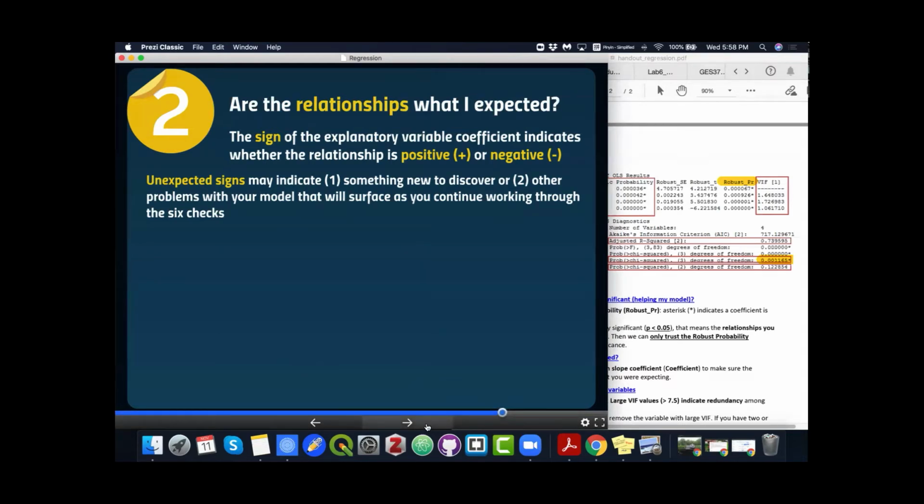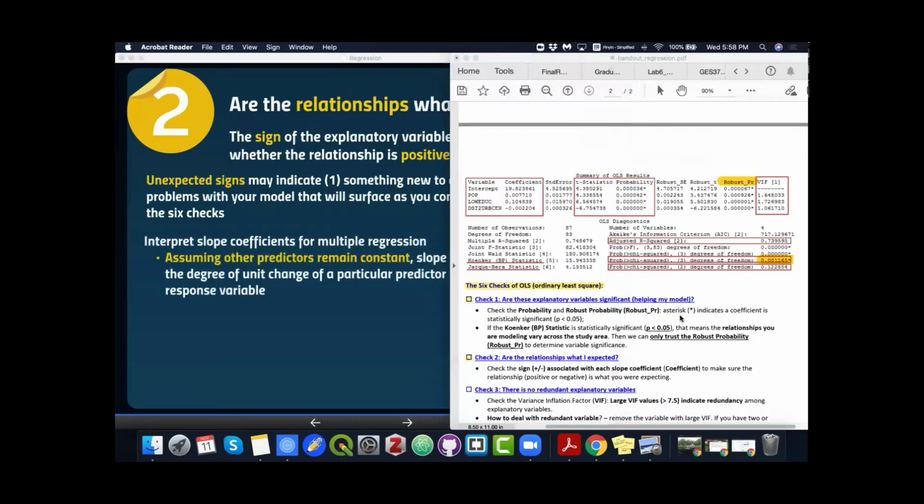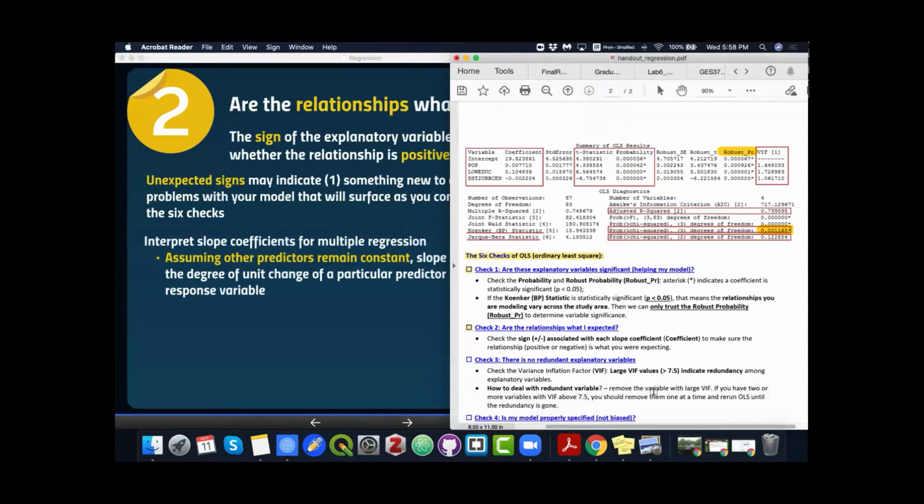It could be that there are some other factors that you didn't consider, or there are some other issues within your data or within your model. So in that case, you can keep going to run the other checks until eventually you may find out some issues. It could be two variables are highly correlated, which we'll talk about soon. So whenever you're seeing a violation of each check, there is usually an indicator of problems, and likely you'll see problems in other checks as well.